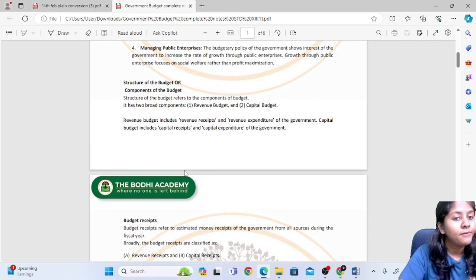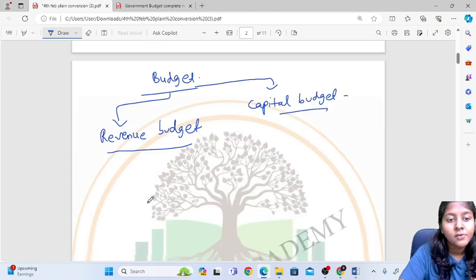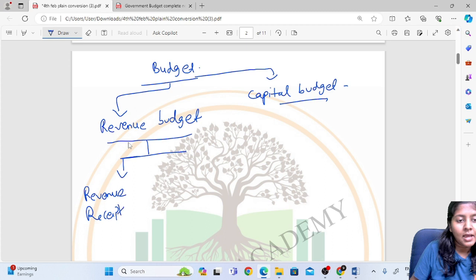Revenue budget includes revenue receipts and revenue expenditure.